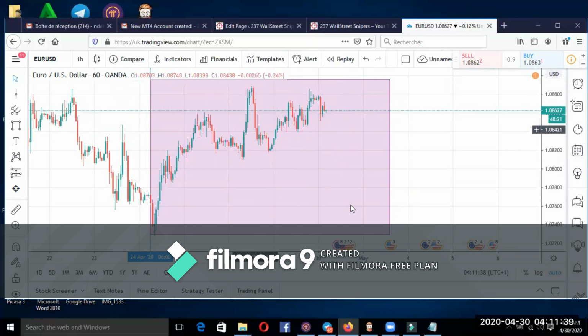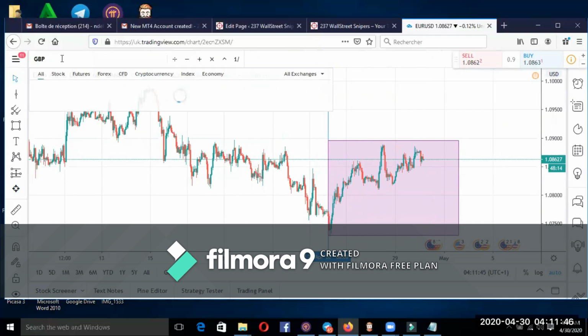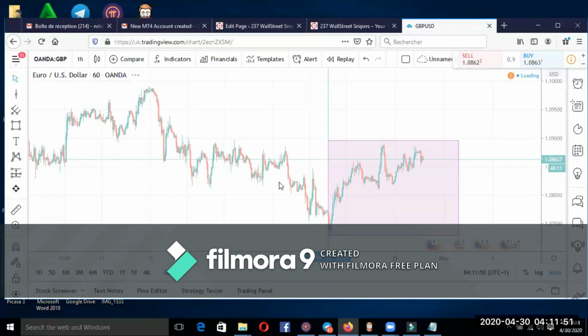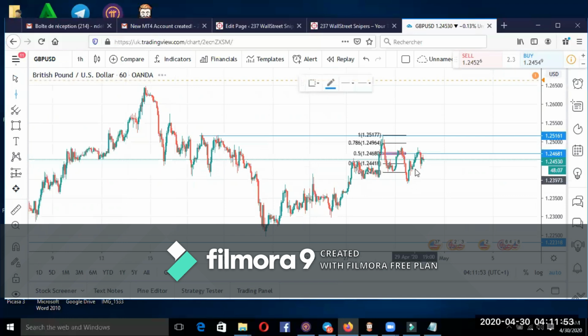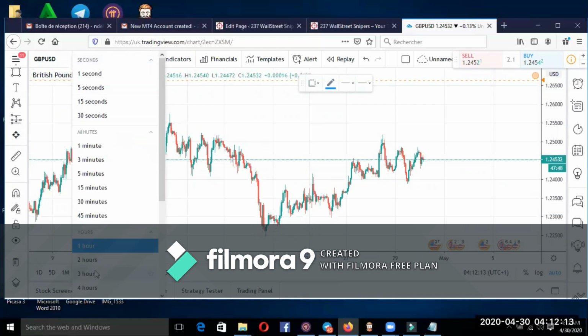So once you see this, you want to see the market do the same thing. I think if we go to GBP USD, you see the same thing. Let me clear this out. There you go. Let me go to the 4 hour time frame.